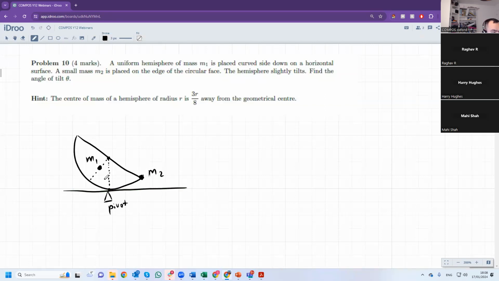And you have two forces, F2 and F1, and you just find F1 D1 equals F2 D2. Hope that helps. Does that help?